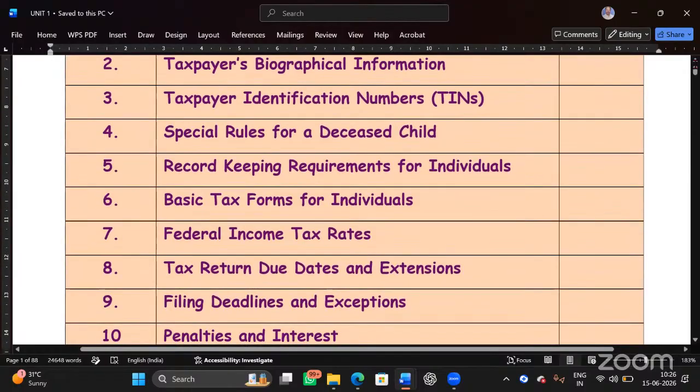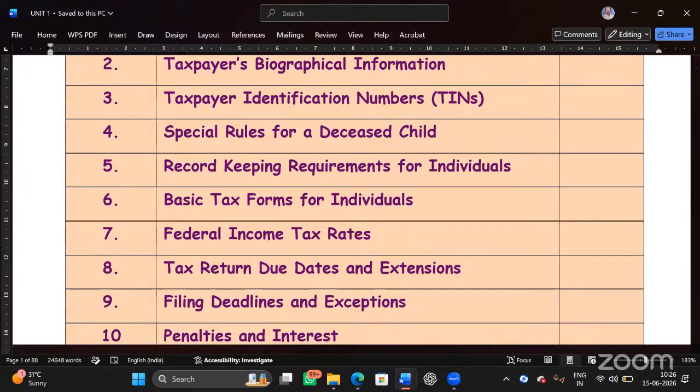Fourth one, special rules for deceased child. I already told in the previous session that if any taxpayer is having any dependents, children, obviously his tax burden will be reduced because he is supporting the children and dependents.